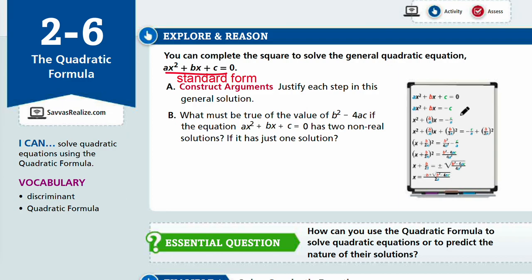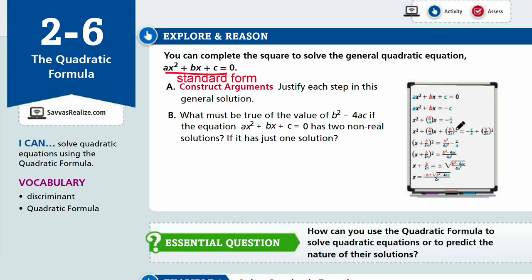And then what's the next step in completing the square? If you understood the last lesson, you would know that you'd have to figure out negative b over 2 squared, so that we can add negative b over 2 squared to both sides to balance the equation so that we can complete the square. So is this okay? Let's look at the third step.